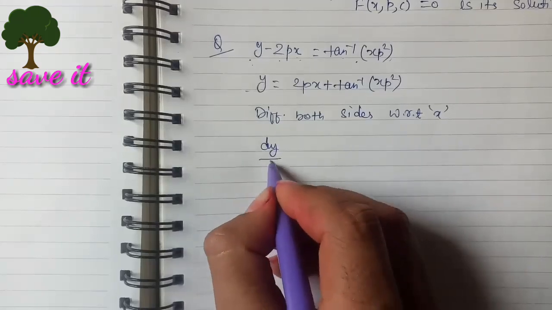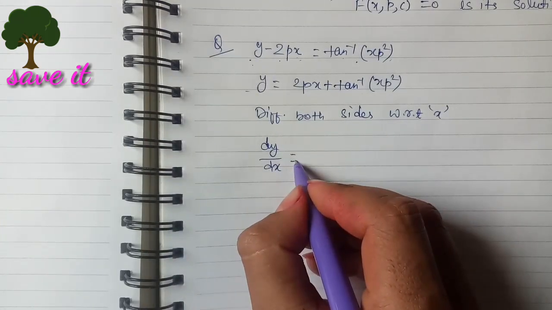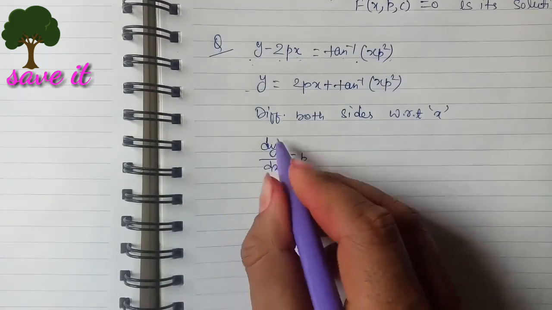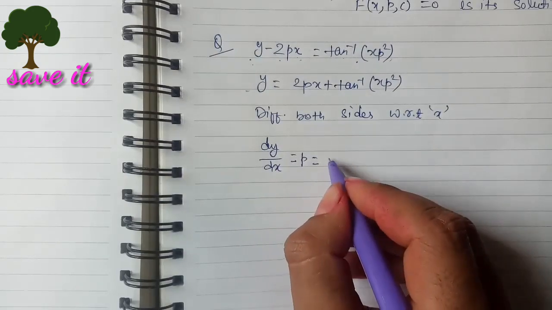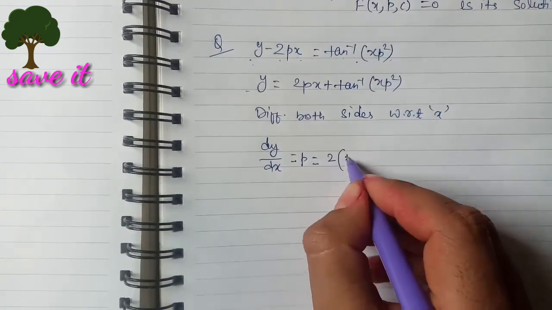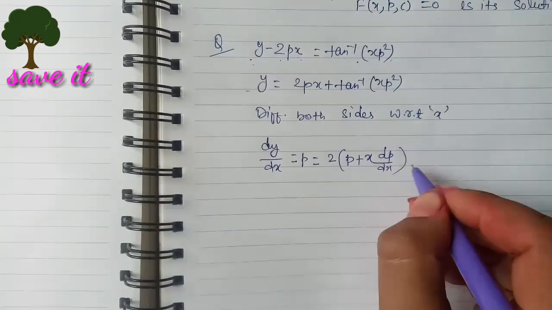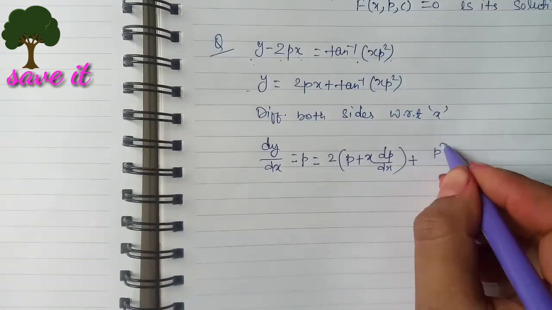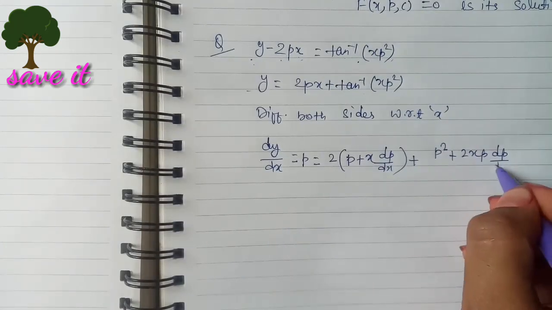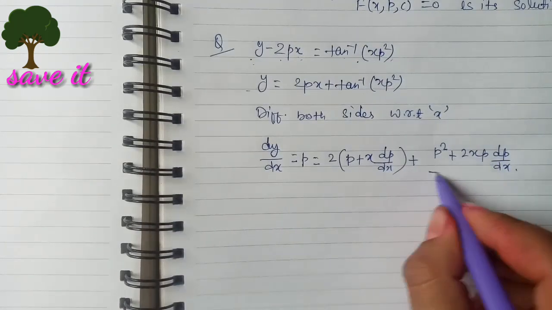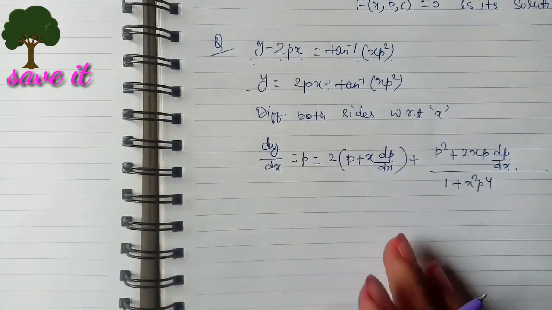So dy by dx, which is nothing but p, is equal to 2p plus x dp by dx plus p square plus 2xp dp by dx upon 1 plus x square p to the power 4.